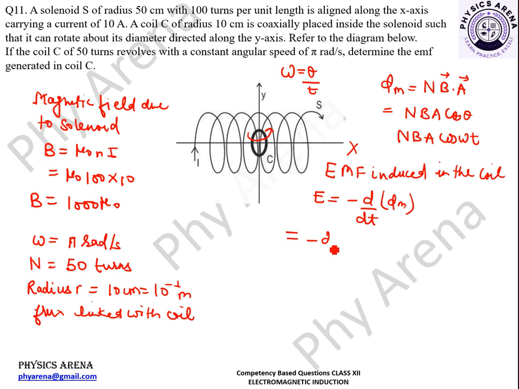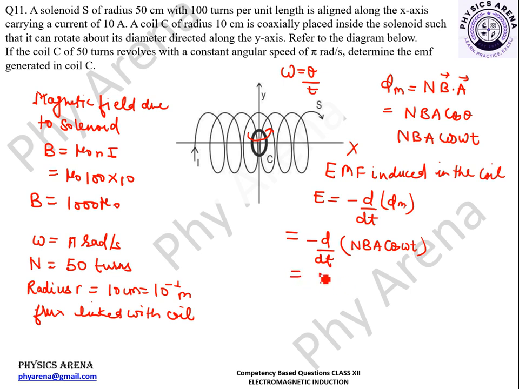That will be equal to minus d upon dt of NBA cos omega t. N is a constant, B is constant, and A is also constant. So that can be taken out of the differentiation. And the differentiation of cos omega t is minus omega sin omega t.